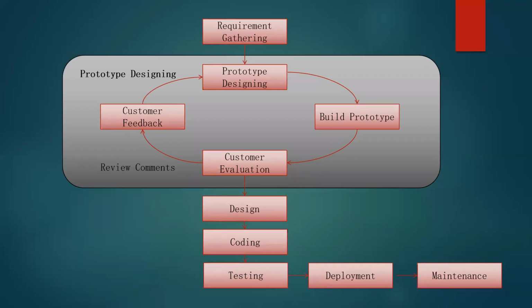How can an interviewer ask about the prototype model, ma'am? It'll be a direct question. They'll ask you to explain the prototype model, or they'll say explain a few SDLC methodologies. They might specifically say explain a few SDLC models other than waterfall, because waterfall is very basic and rarely used.